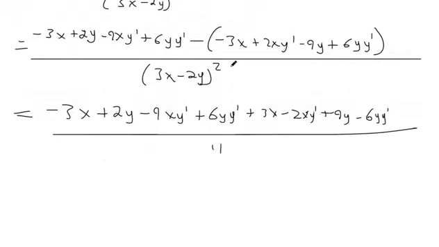And I'm going to just say ditto. Same thing in the denominator. What can we combine? Oh boy. Oh, 6y prime minus 6y prime. That's nice. That's gone. Let's just take care. Oh, minus 3x and positive 3x. Look at that. What luck.